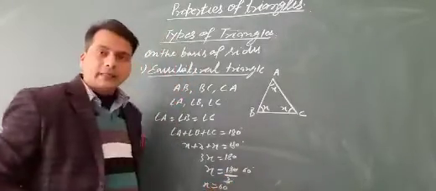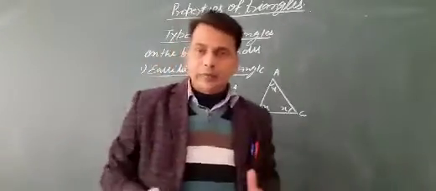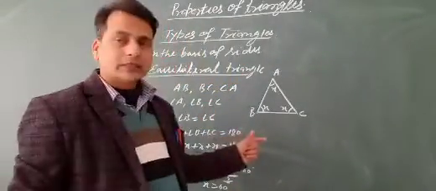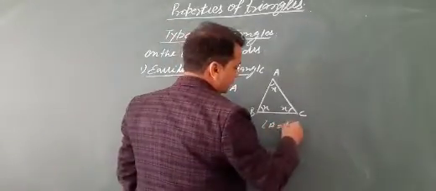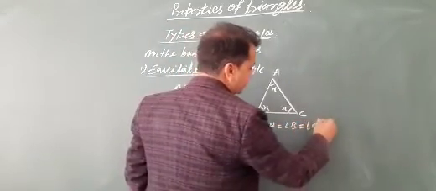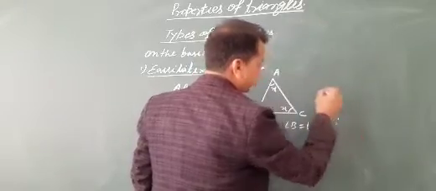So it is clear that in an equilateral triangle, each angle is 60 degrees. Angle A equals angle B equals angle C equals 60 degrees.